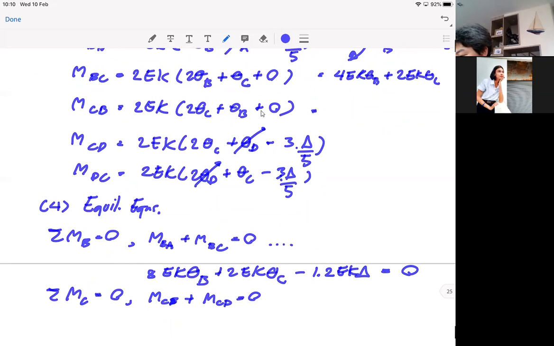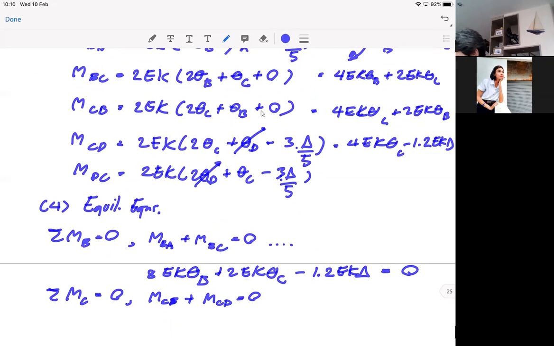So you have here 4EK theta C plus 2EK theta B. Here we have 4EK theta C minus 1.2 EK delta, right?